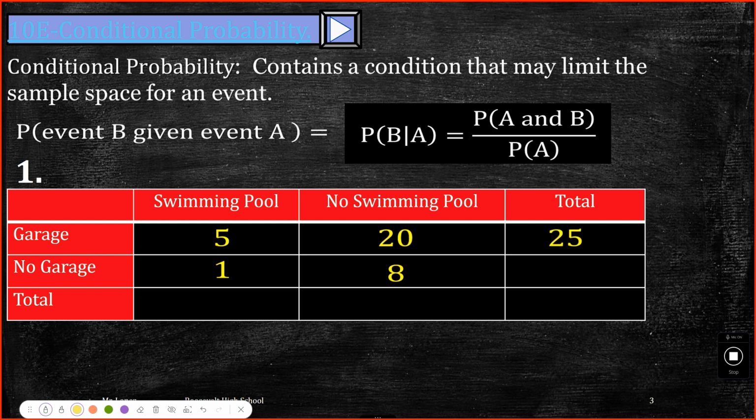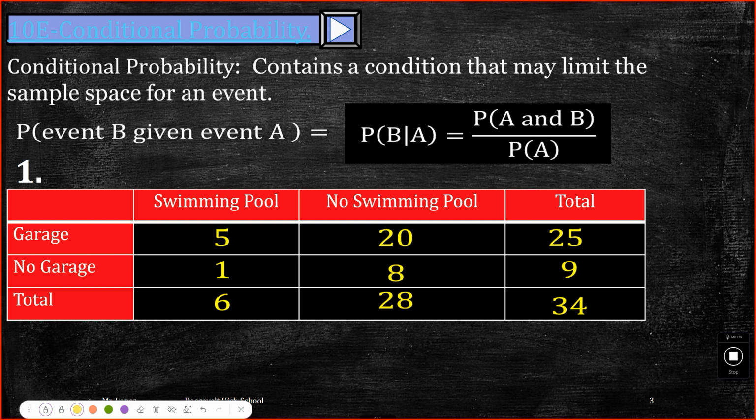No garage: 9. That had a swimming pool: 6. No swimming pool: 28. And how many total students were there? Let's say they all were participants: 34.